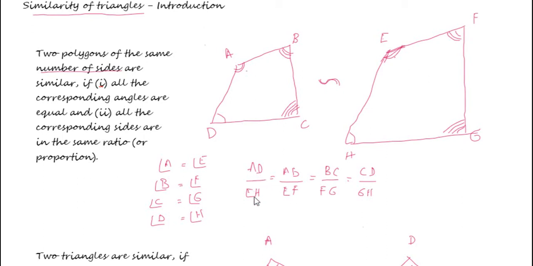All the corresponding sides are in the same ratio. If all corresponding angles are equal and the corresponding sides are in the same ratio, then these two polygons are said to be similar.